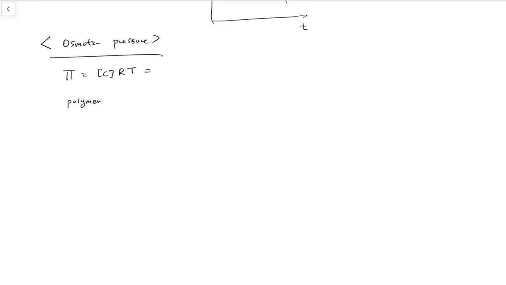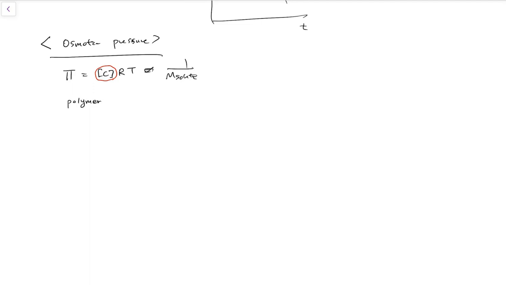In this equation, since it's the molar concentration, it is basically related to the molecular weight of the solute.